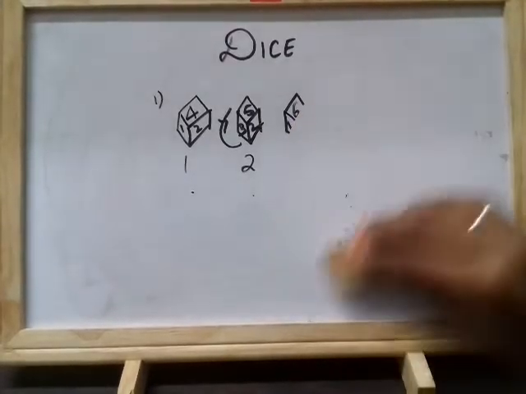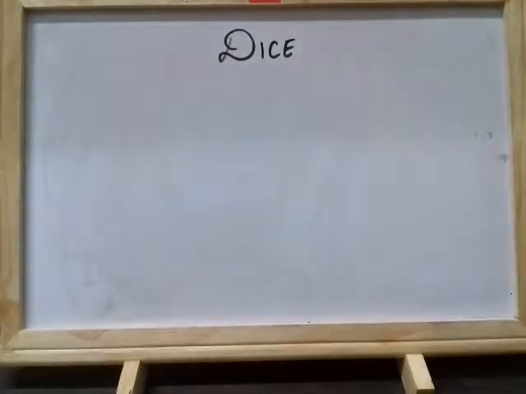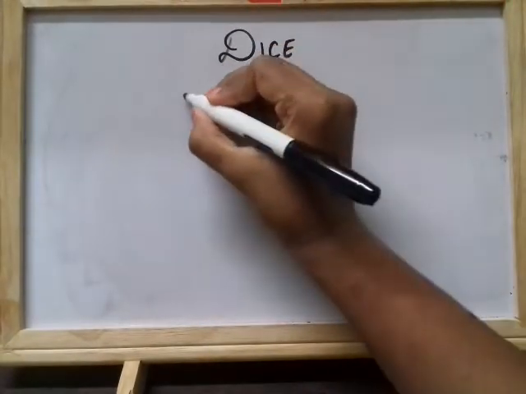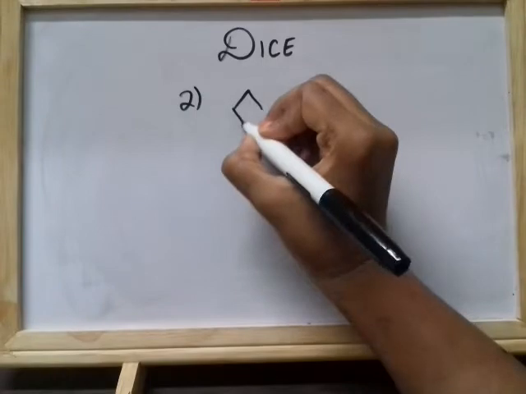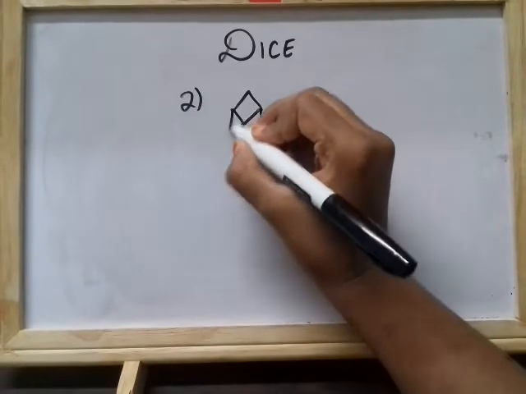So this is the first type of question which arises in dice, and the second form is there will be only 2 dice placements.